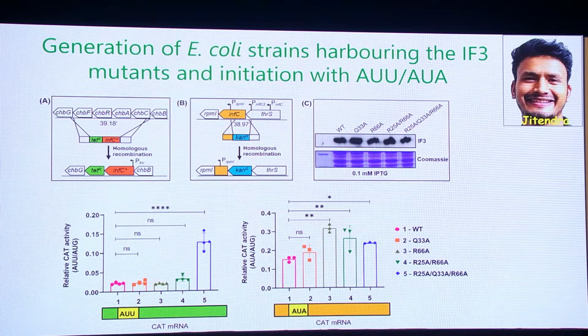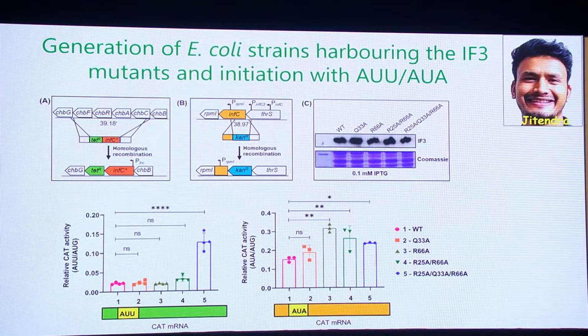And then because we were familiar with the CHB locus, because not only Nagaraj, Mahadevan was also part of our group, and the 3 of us used to have joint lab meetings, and this is Mahadevan's favorite locus. So we knew that under regular conditions we can do away with this locus, and Jitendra actually inserted the wild type initiation factor 3 or any of the mutants of initiation factor 3 at this locus.